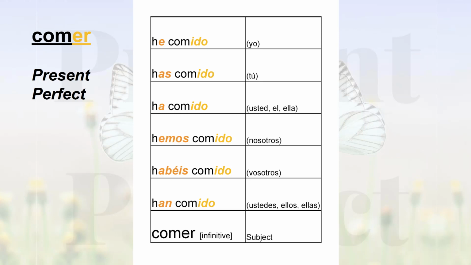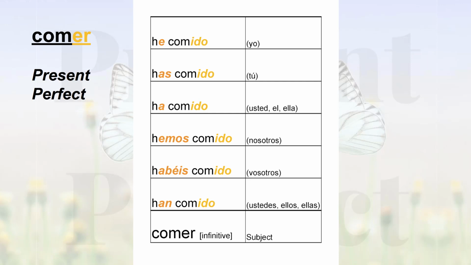Let's take a look at it from another angle, and also let's review how this can be applied to, for example, IR verb. He comido yo. Has comido tú. Ha comido usted. Ha comido él.